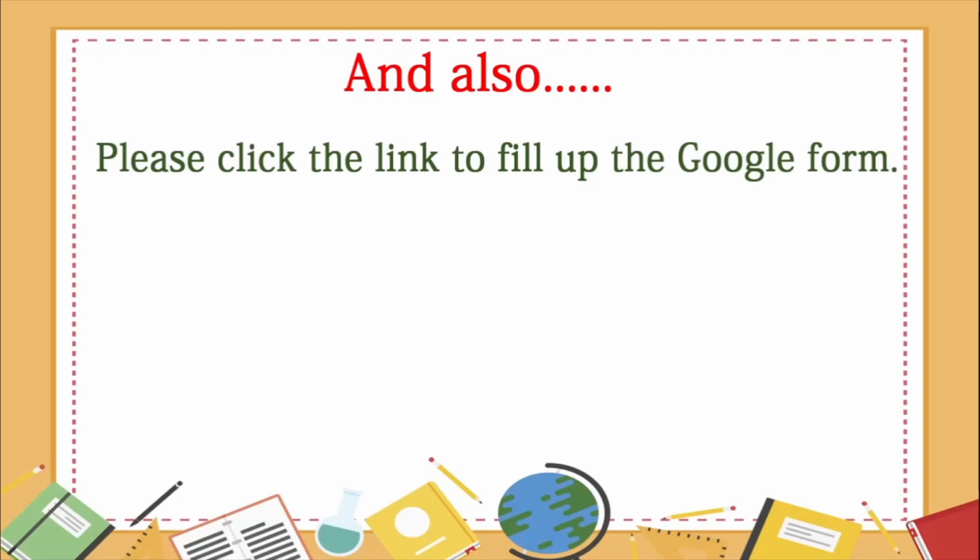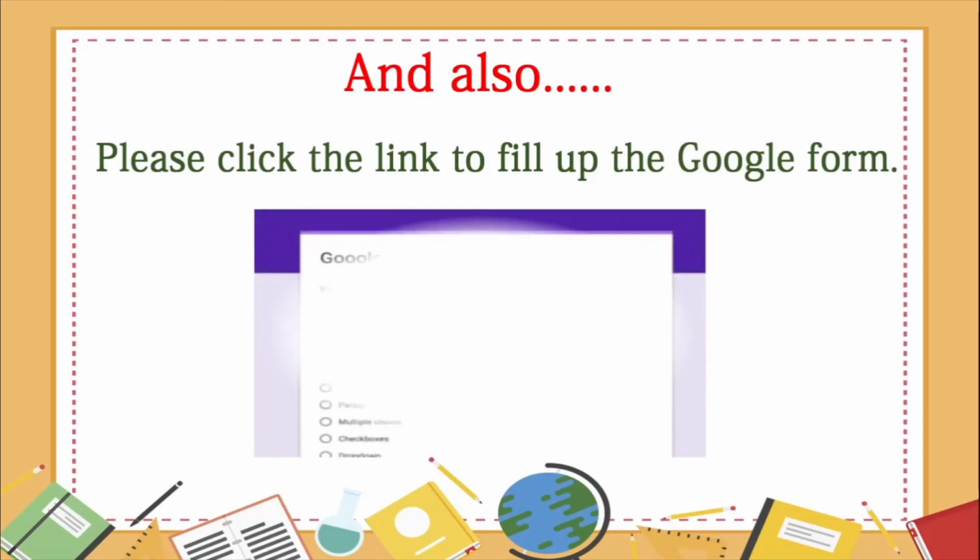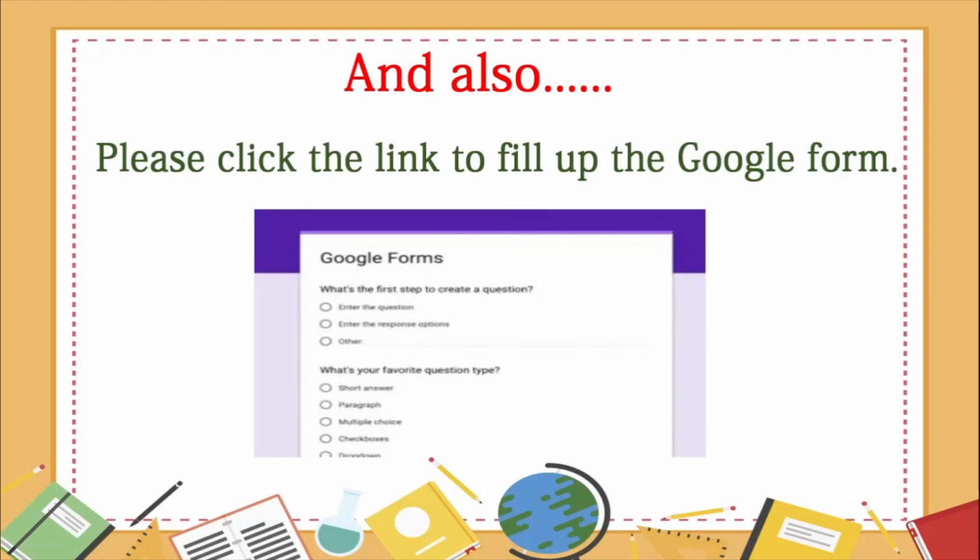So what is the Google form, children? It is nothing but a simple form. There are a few simple questions there about the video which you just saw and also about yourself. So these are the tasks that you will have to complete after you watch each video.